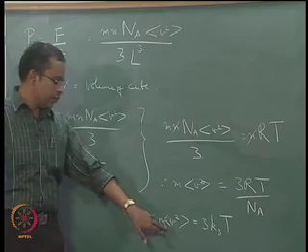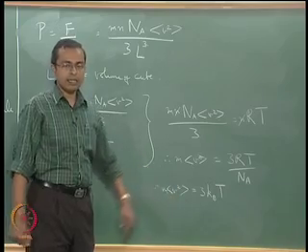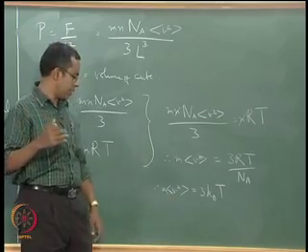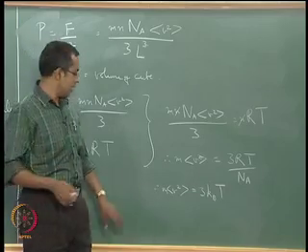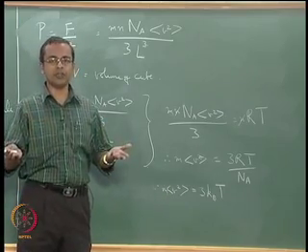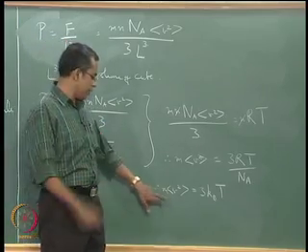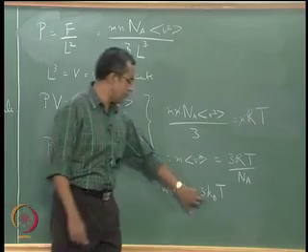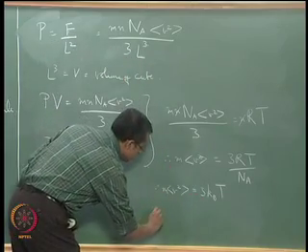For us, more than m v square, the expression that is of use is half m v square, which is the kinetic energy of the system. So we would like an expression for half m v square, which is simply half of this.